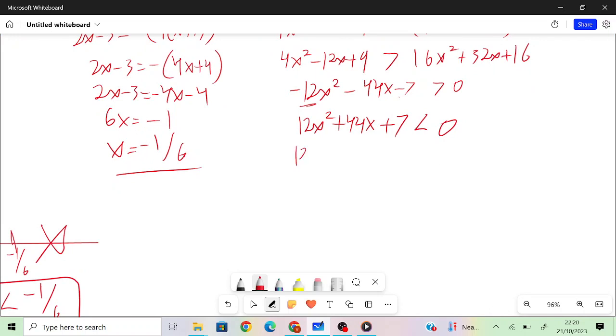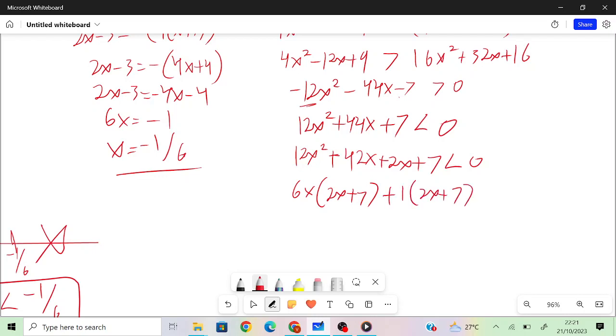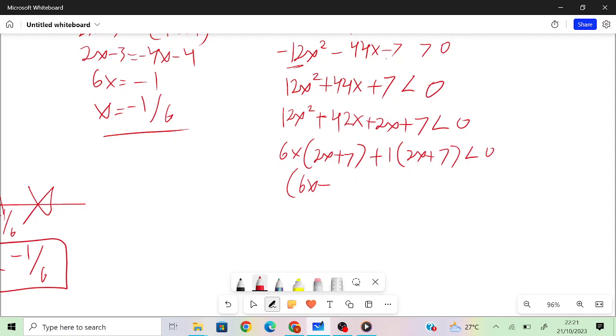Factorizing this, we have 12x squared plus 42x plus 2x plus 7 less than 0. This becomes 6x is common, so we can say 6x into 2x plus 7 plus 1 into 2x plus 7 less than 0. We have 6x plus 1 and 2x plus 7 less than 0. Our critical values in this case are also the same, minus 1 over 6 and minus 7 over 2.